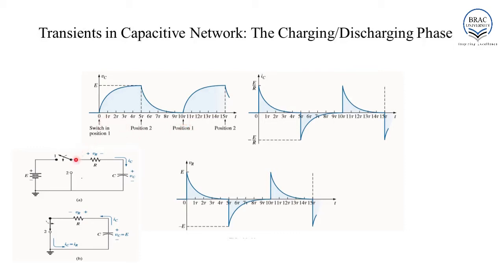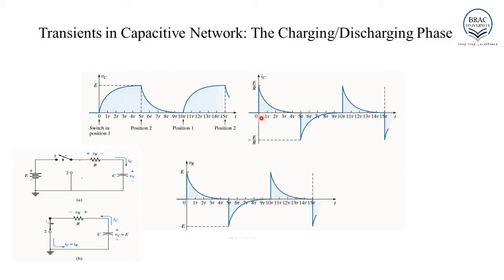So, initially the switch is not connected to any point, 1 or 2. As soon as the switch is connected to position 1, the voltage across the capacitor will start to increase, and it will increase exponentially. It takes 5 tau time period for the capacitor to have a voltage equal to the supply voltage E. Now, when the voltage across the capacitor is increasing exponentially, the current flowing through the circuit will decrease exponentially.